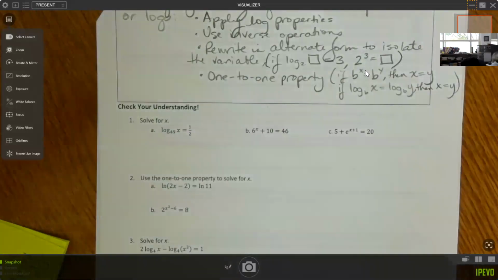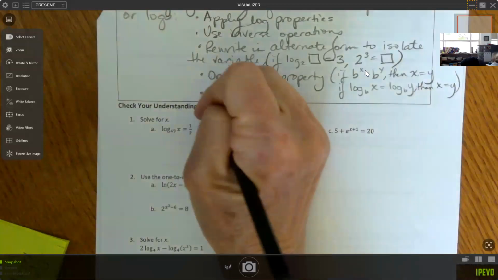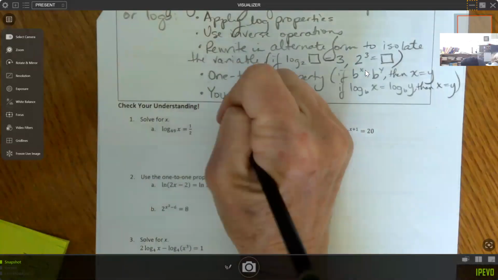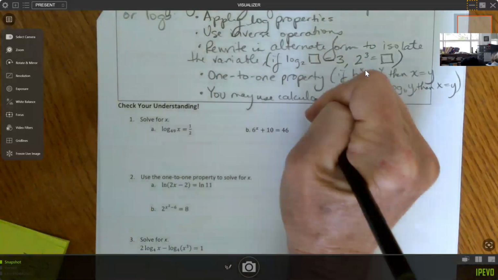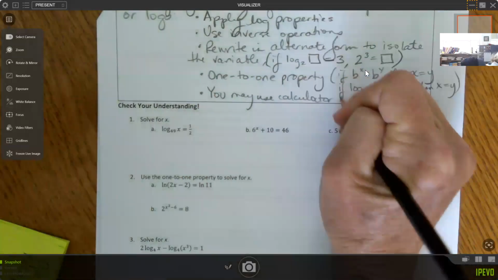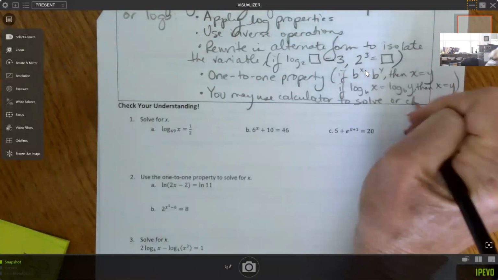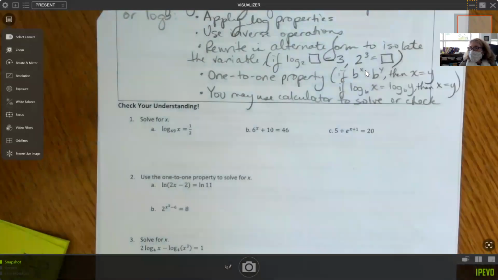And then you may use the calculator to solve or check. So obviously in certain situations, there will be no calculator. Then it's perfectly okay to leave your answer in the somewhat ugly log base 4 of 27, right?